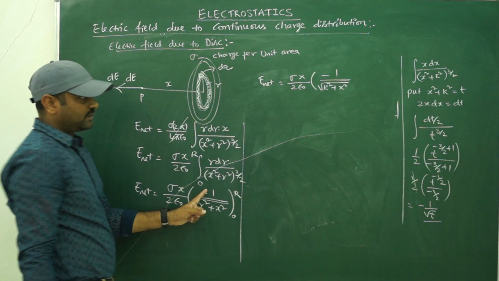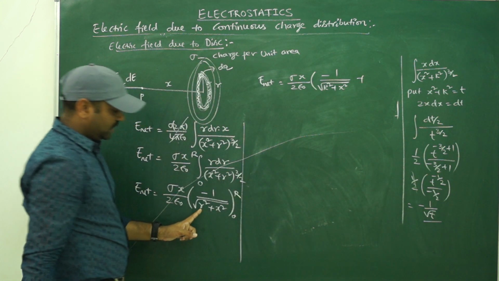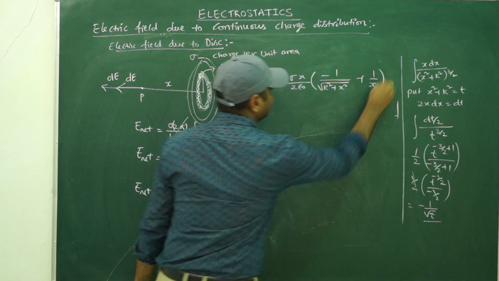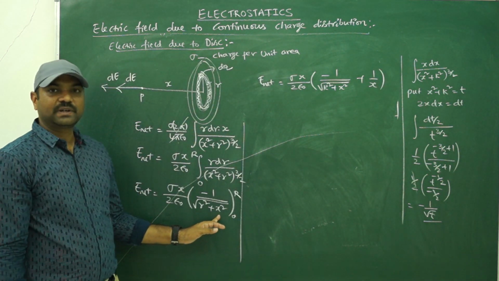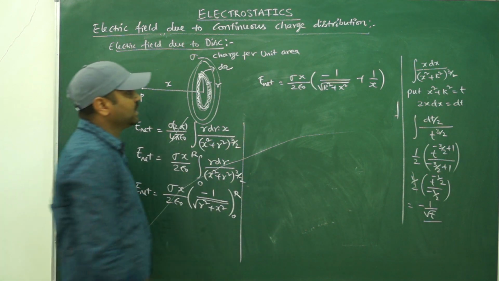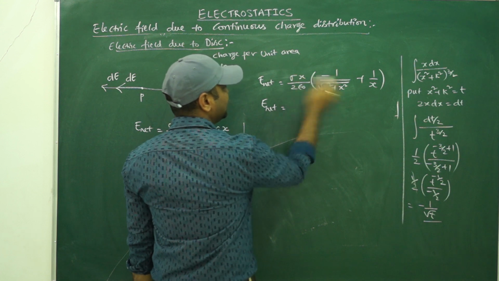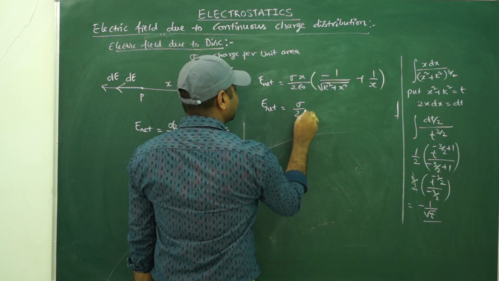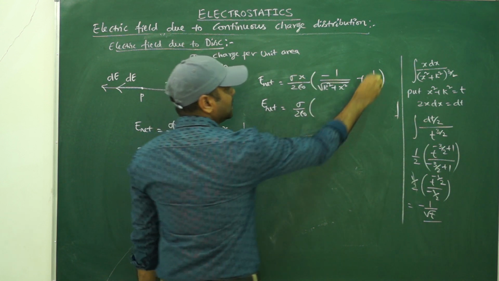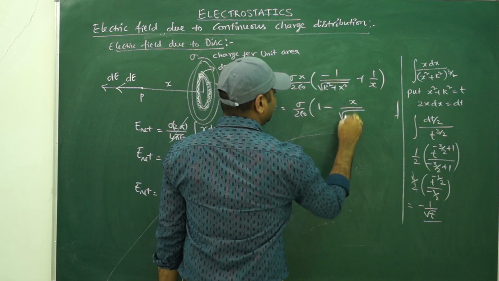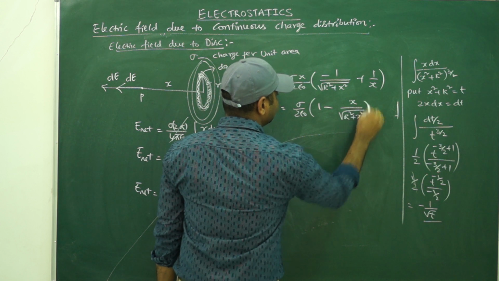Then minus of minus is plus, in the place of small r I have to write down 0, then I'll get 1 by root of x square, so I'm writing that as 1 by x. Then the net field value I can write down. If I insert the x into the bracket, then sigma by 2 epsilon naught into x by x, that is 1, minus x by root of R square plus x square.